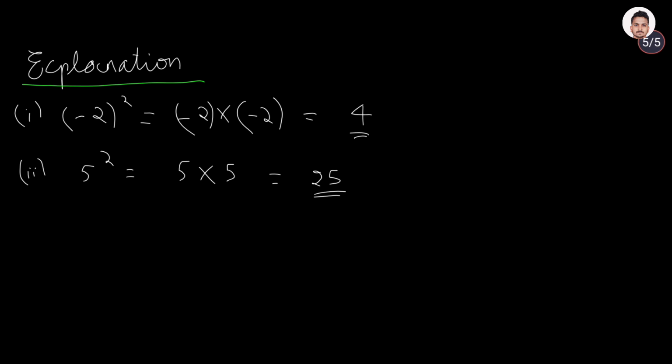If we observe these two examples, the results of the squares are not negative numbers. Why? Because when we square, minus into minus gives plus. The square of any real number is always positive.